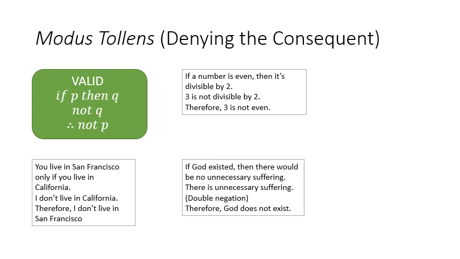Again, kind of follows this pattern that you get not P from not Q, right? So the Q is, there would be no unnecessary suffering. Not Q would be, it's not the case that there's no unnecessary suffering, or by the rule of double negation, it's just that there is unnecessary suffering. And so you get God does not exist.